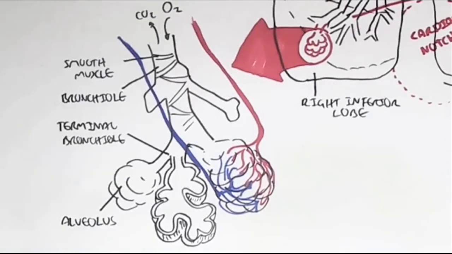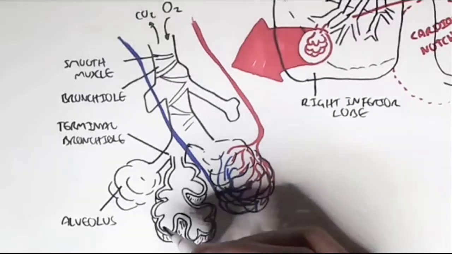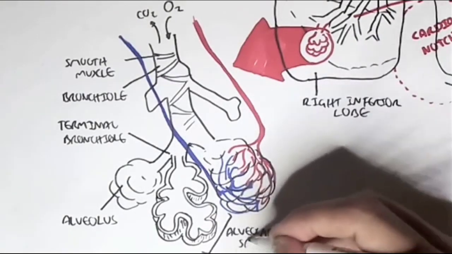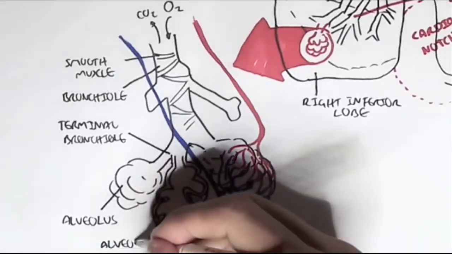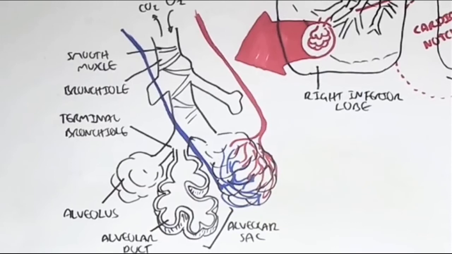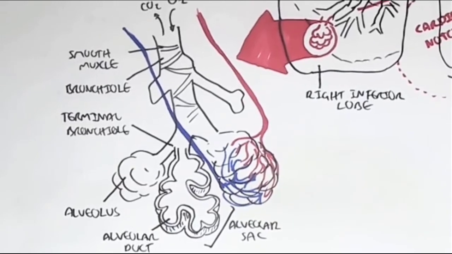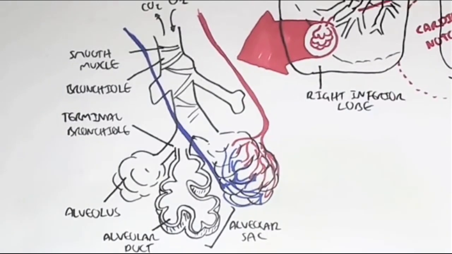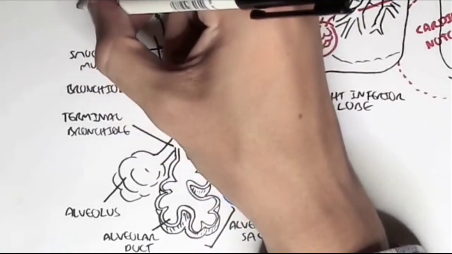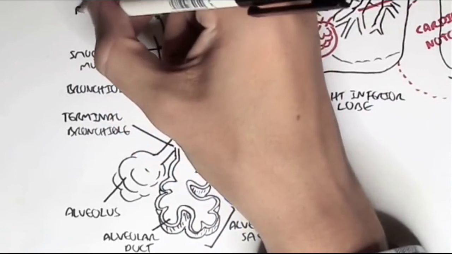So moving onwards, let's have a look. Here we have the alveolar sac, which contains many alveoli. Then we have the alveolar duct. Now moving onwards, that red pulmonary vein carries oxygenated blood.